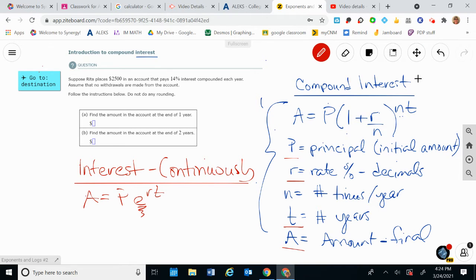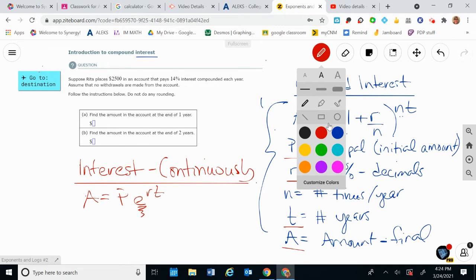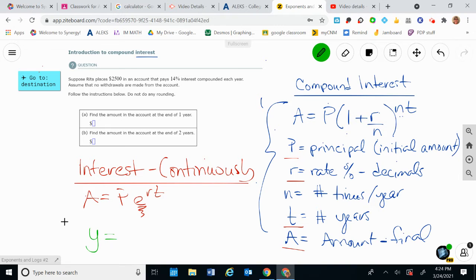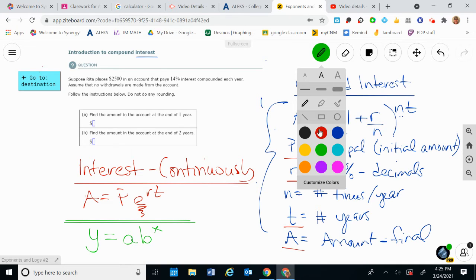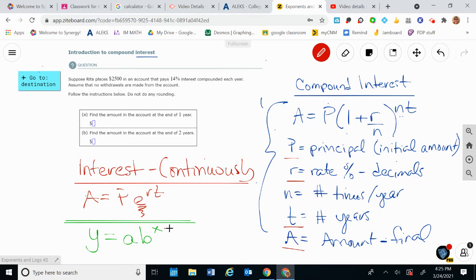And then the final equation I want you to write down is the exponential equation. Y is equal to A times B to the X. To be honest with you, this can get way more complicated. I don't think we're going to hit it. Do you know how you can move it horizontally and vertically?